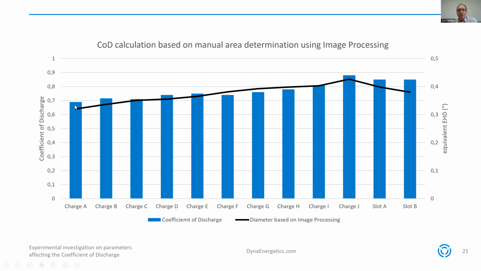And that clearly shows that these two values always have to be measured in parallel to really have the optimal value for your pressure drop calculations. These values of 0.7 to 0.8 are values which are commonly used in the industry for the coefficient of discharge. So it's in line with values which are used by operators.